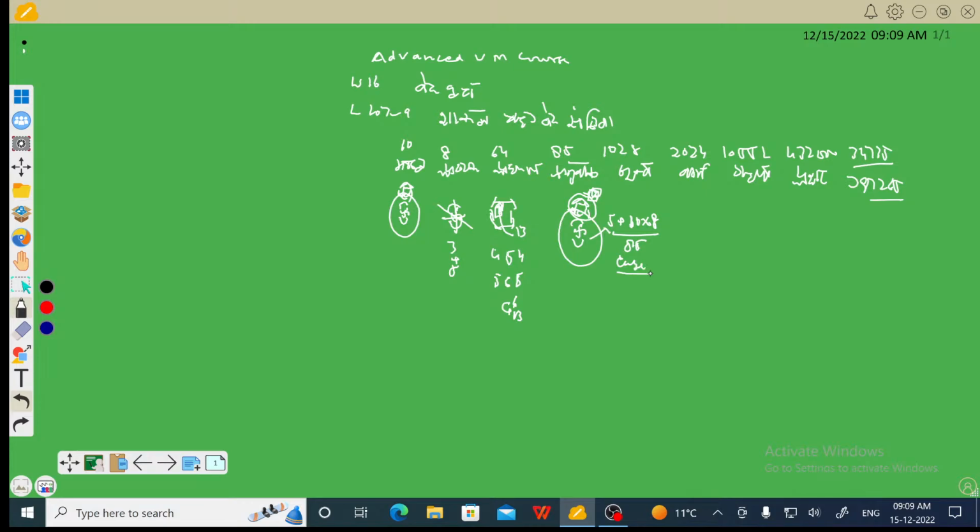Then we are having suktas, varnas, richas. Then this feature as it is further will take us to that there are richas, and these are 10,552.